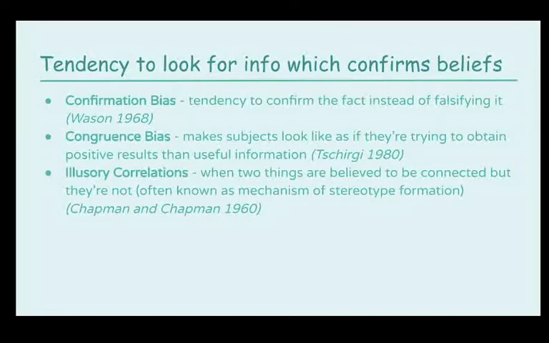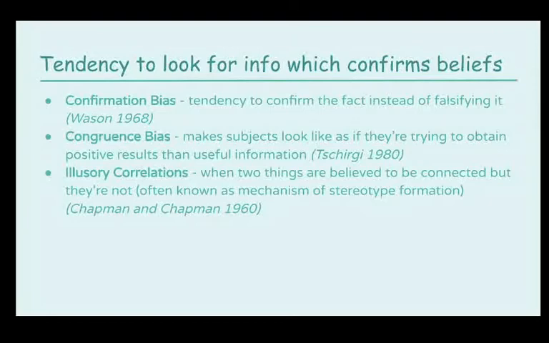The last one would be illusory correlations. It's when there are two things that are actually not connected, in fact have no correlation, but people start to believe that there's a connection when they try to look for a pattern between them.